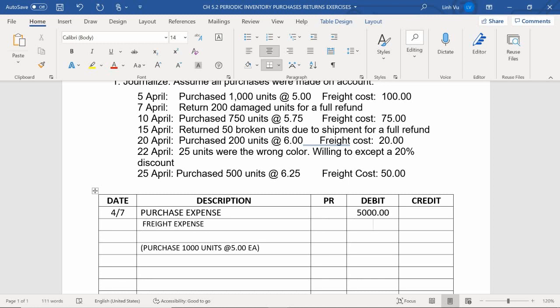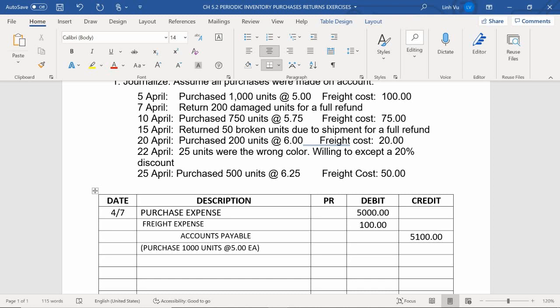For how much? $100. And then last but not least, how did I pay? On account, accounts payable, for a total of how much? 5,100. Okay, so that's the first thing right here.